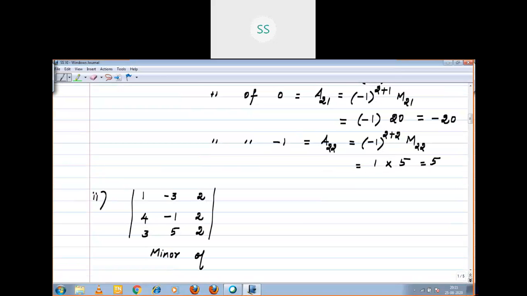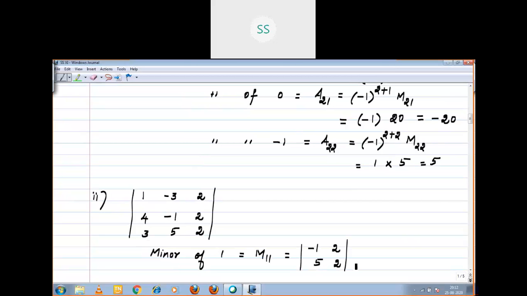Okay. See, first, the minor of 1. Where is it located? Minor of 1: first row, first column. That means you have to delete the first row and first column. What should be the rest? The 2 by 2 determinant you are getting: minus 1, 2, 5, 2.